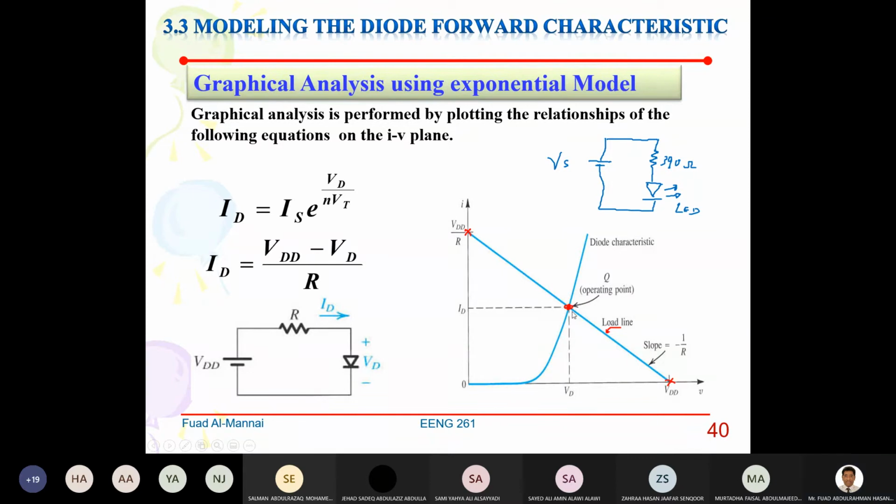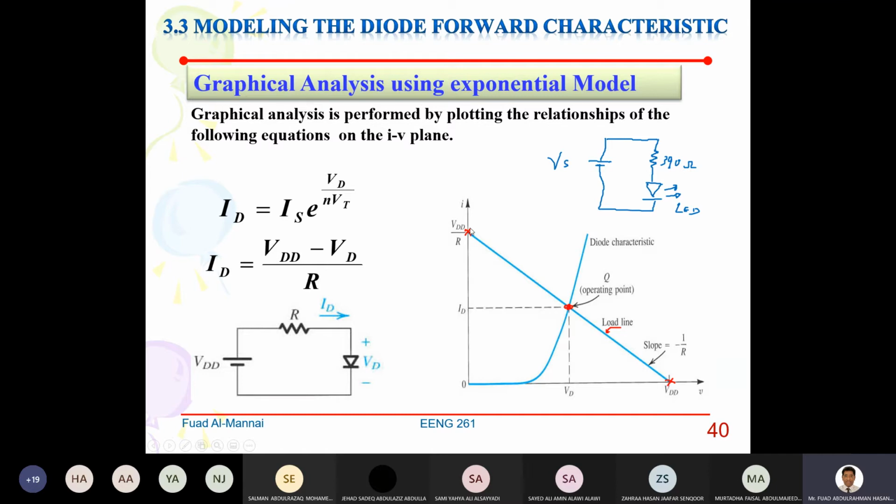Now, to make sure that you have chosen this point, you draw a load line that will intersect the curve of the diode at this point.